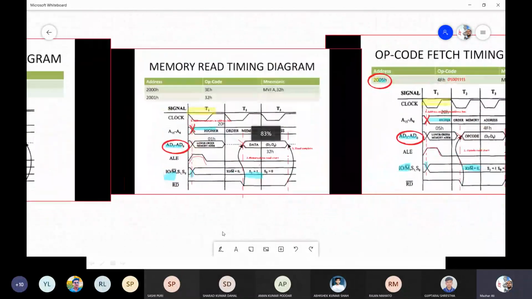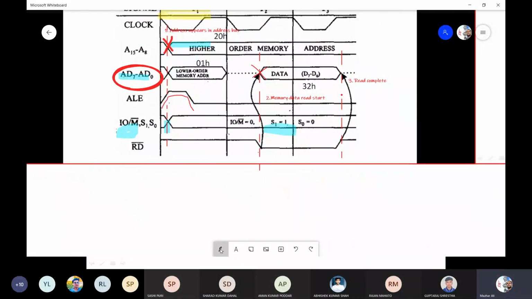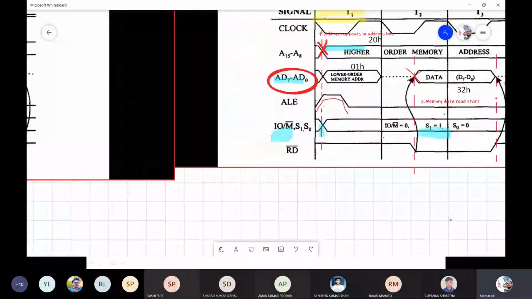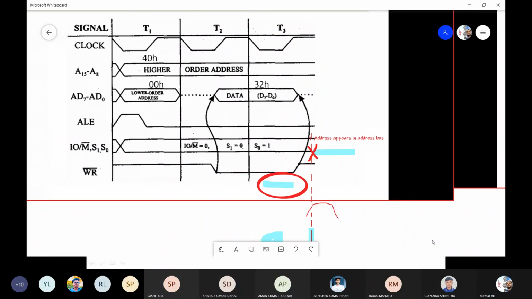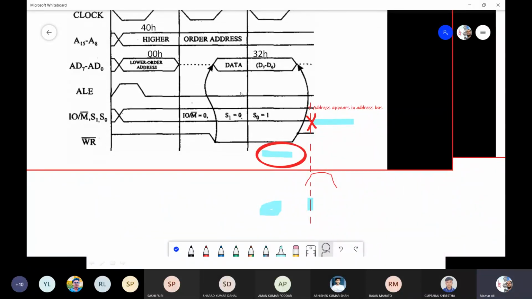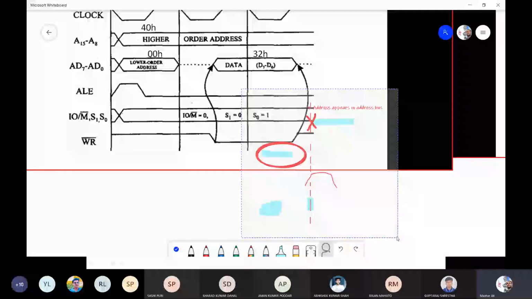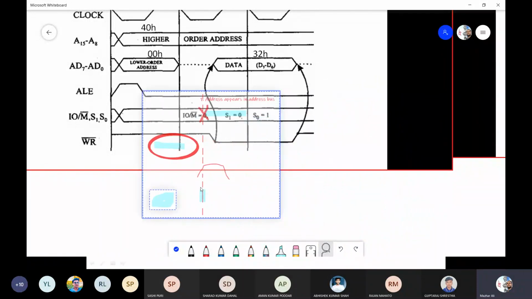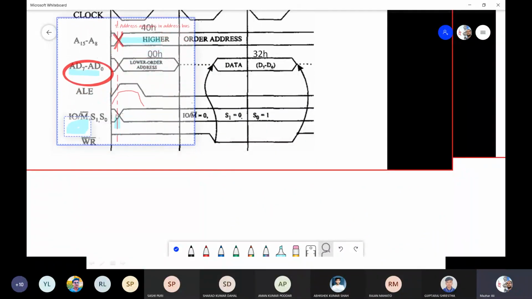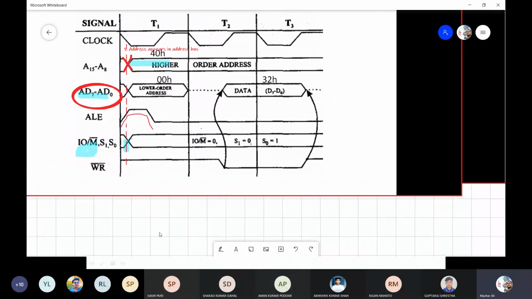Event number 1: address appears in the address bus.